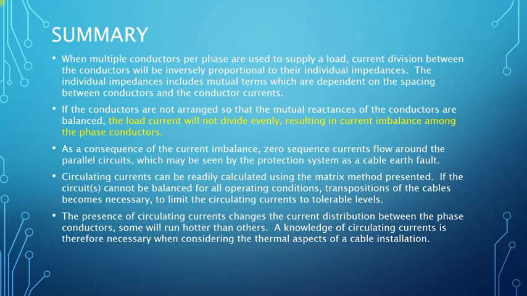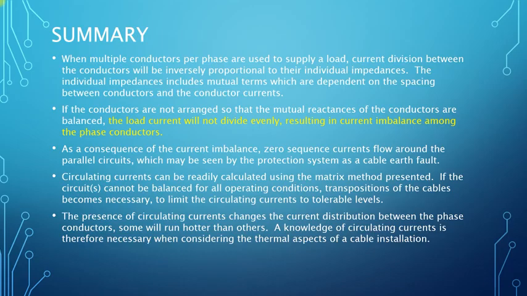Now, these circulating currents can be readily calculated using the matrix method that I've presented, and we can use the program to find the best arrangement of up to 4 three-phase cable circuits, so as to minimize any current imbalance and circulating currents.